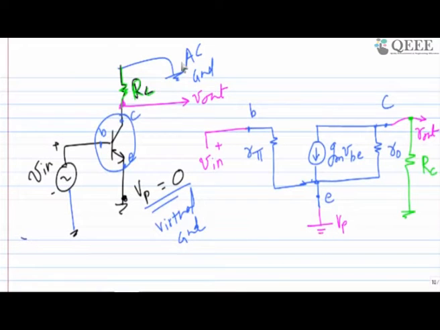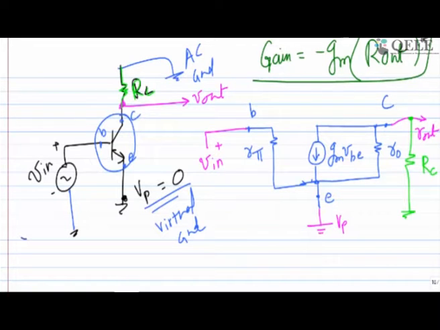So for this circuit, we learned from our previous calculation that the gain is equal to minus gm times Rout of the circuit, and you can find it out using just one circuit itself.